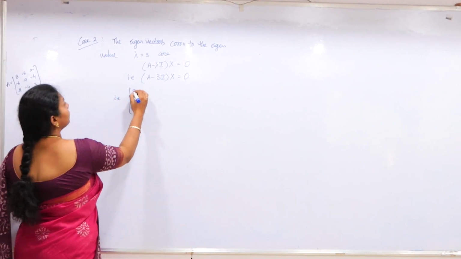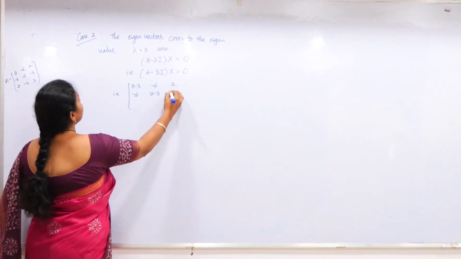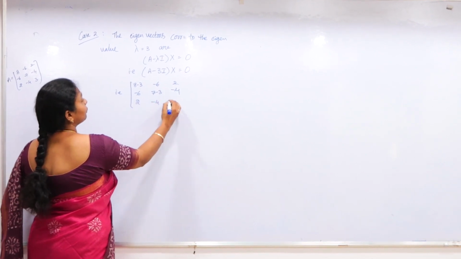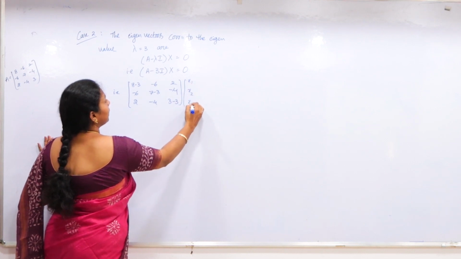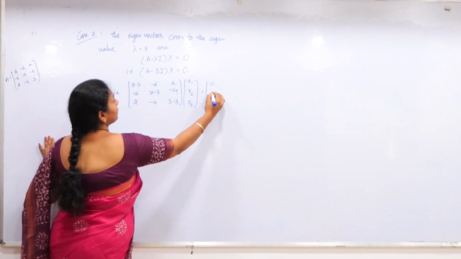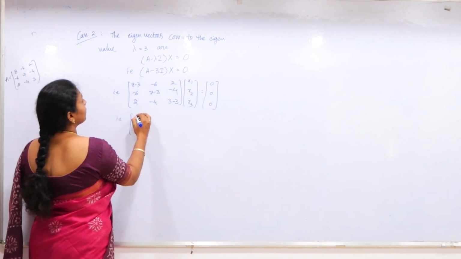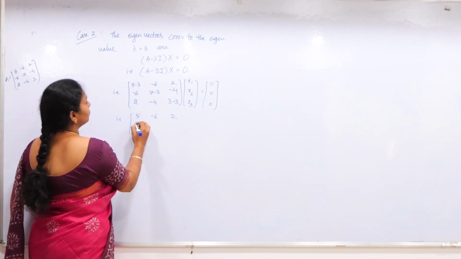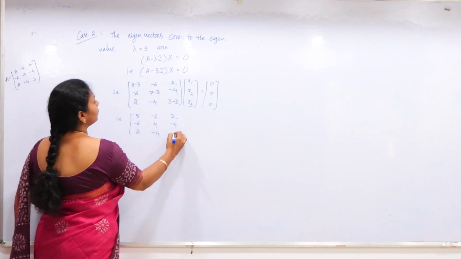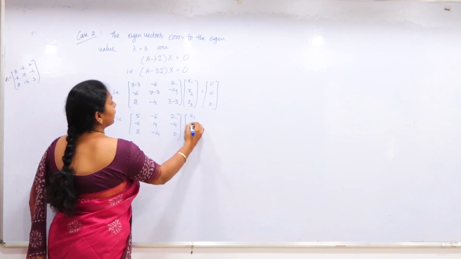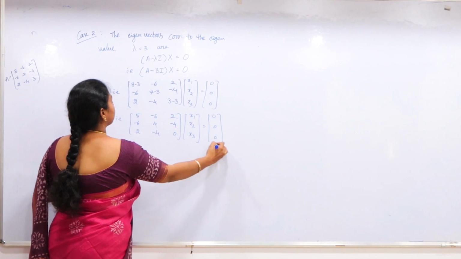That is 8 minus 3, minus 6, 2; minus 6, 7 minus 3, minus 4; 2, minus 4, 3 minus 3. X means the column matrix x1, x2, x3. O means null matrix 0, 0, 0. It is 5, minus 6, 2; minus 6, 4, minus 4; 2, minus 4, 0, times x1, x2, x3 equal to 0, 0, 0.